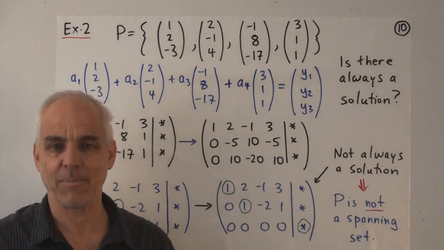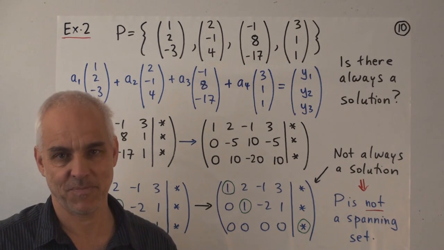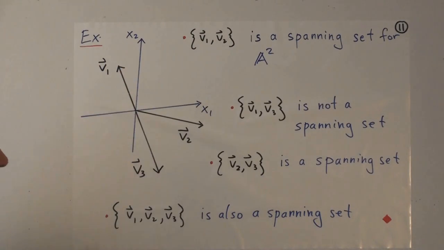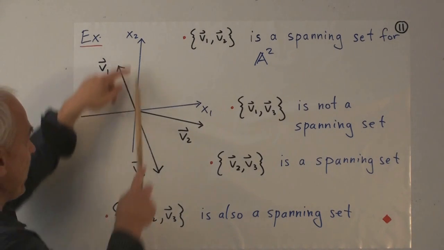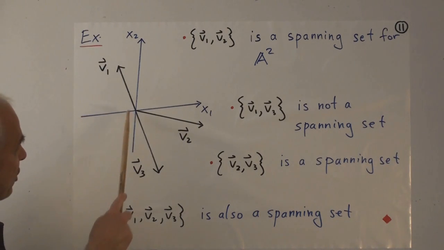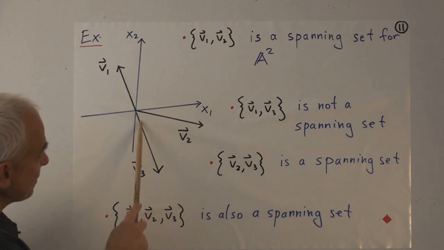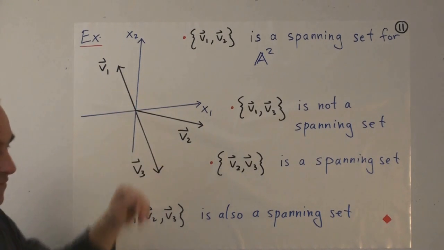Now let's have a few examples of spanning sets in simpler two-dimensional space. What does it look like there? Here's a two-dimensional affine space with coordinate axes x1 and x2. And here's 3 particular vectors. There's v1, there's v2, and there's v3, which just happens to be in the same direction as v1, but in the negative direction.